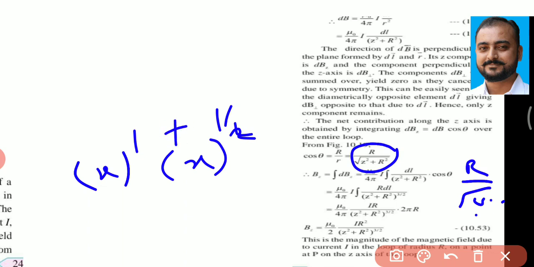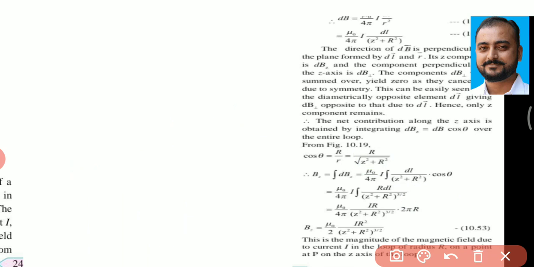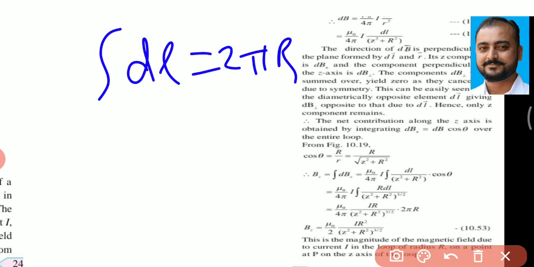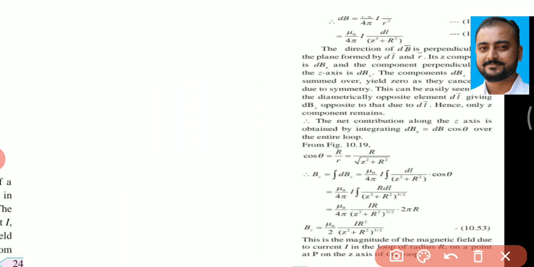So it becomes 3 by 2, and so the power should be 3 by 2. Then again, by simple integration, integration of dl is substituted as 2 pi R, which is the circumference of the given circular loop.